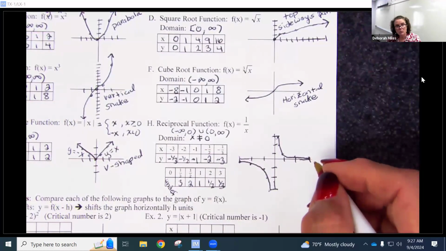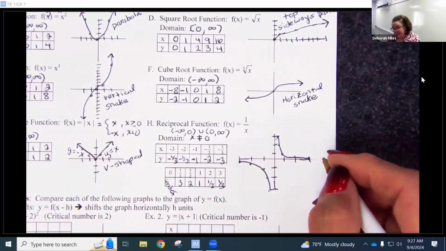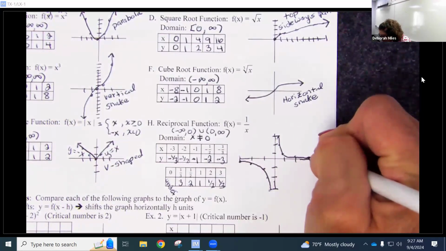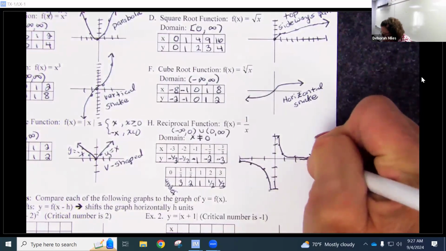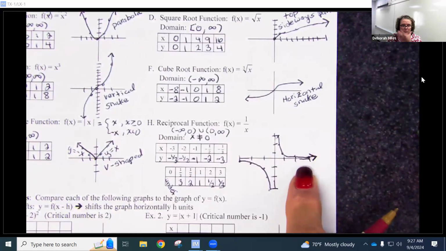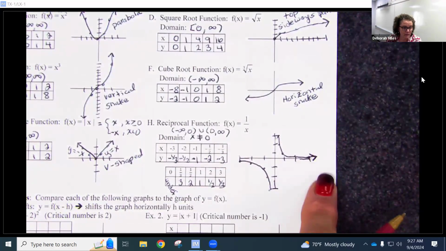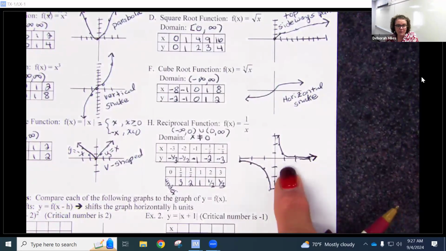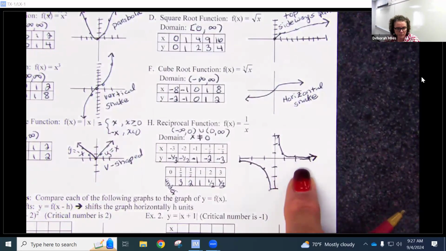1/10th, 1/100th, 1/1000th, 1/10,000th. Those y's are getting closer and closer to 0, but they're never going to be 0, and they're certainly never going to be negative. You're not going to get a negative from flipping a positive number.